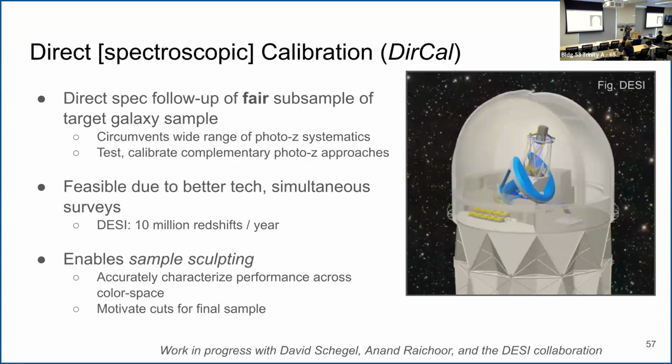So luckily, we have really nice improvements in technology on the spectroscopic side, because no longer are we drilling plug plates and manually plugging in fibers, but we actually have new telescopes where we can gather 5,000 redshifts at a time and tweak them, and within a minute be gathering 5,000 more redshifts, and so on and so forth, to get 10 million redshifts per year for DESI, which will increase with future spectroscopic surveys.